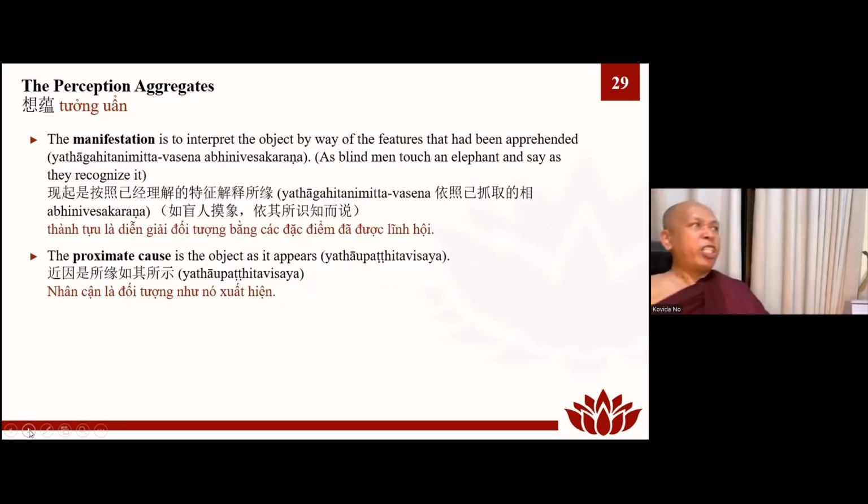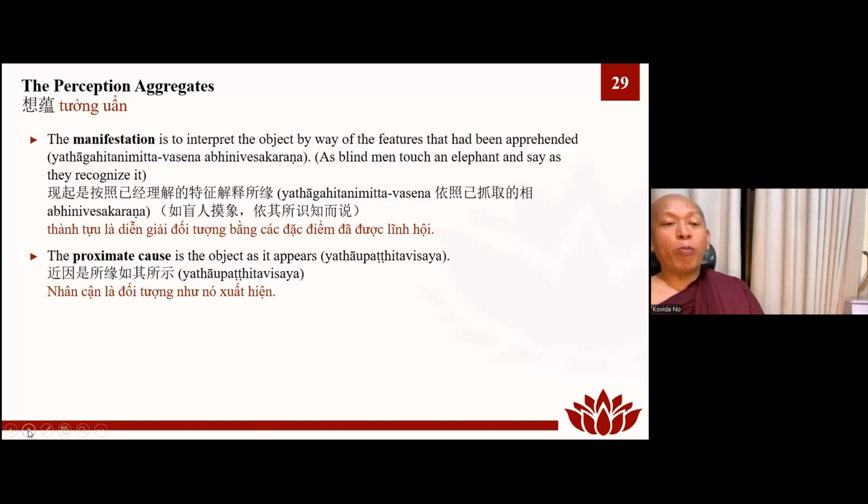The manifestation is to interpret the object by way of the feature that had been apprehended, as blind men touch an elephant and say what they recognize it as. You may know that story, right? The six blind men touch the elephant.